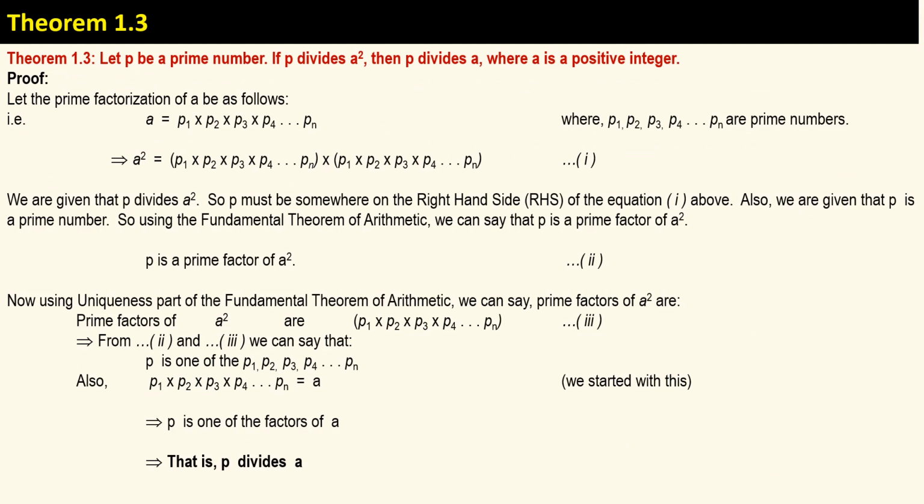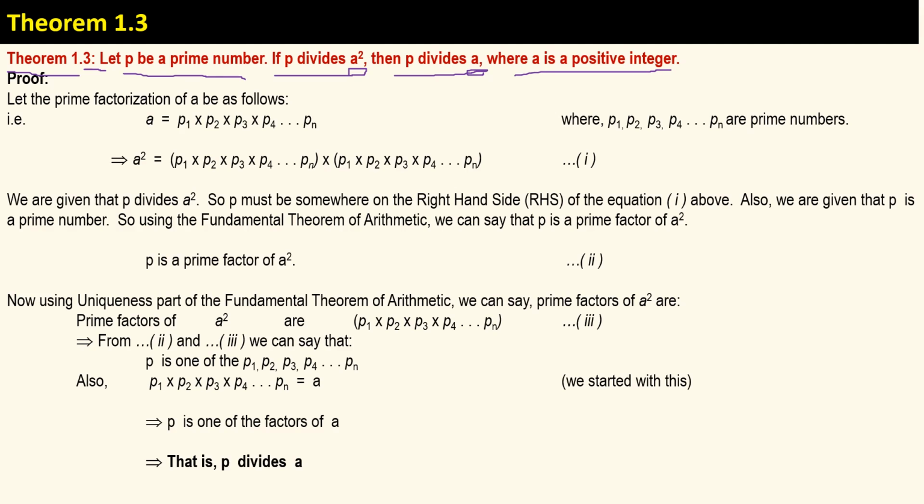Let's now talk about Theorem 1.3. Theorem 1.3 says, let p be a prime number. If p divides a square, then p divides a as well, where a is a positive integer.